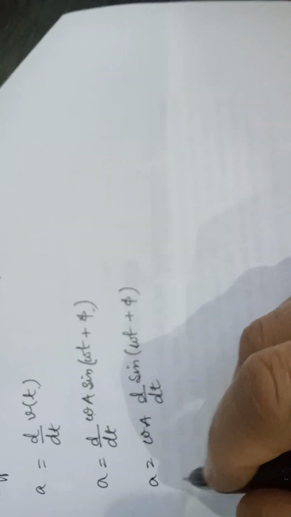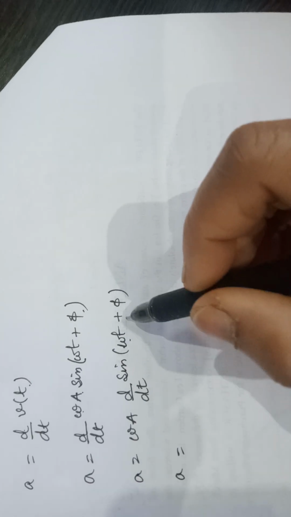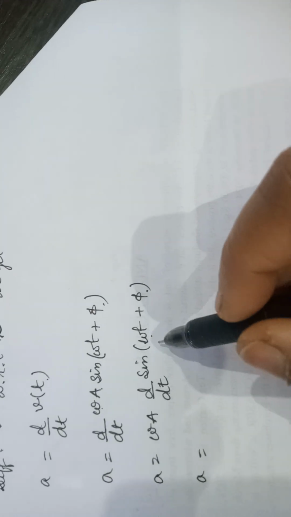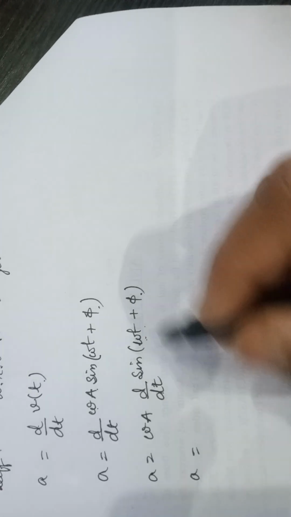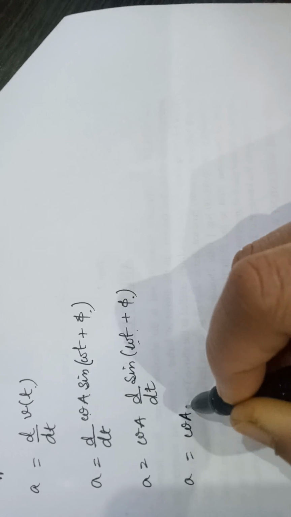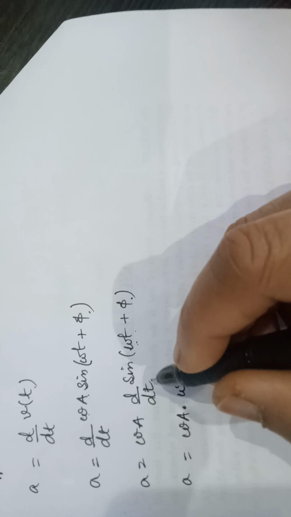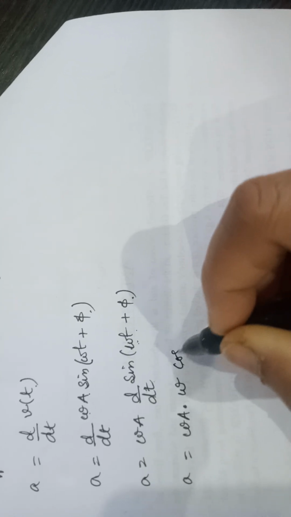It becomes acceleration. So now when we differentiate (omega t plus phi), we will get omega. Previously we have done it. So differentiation of (omega t plus phi) is omega, and differentiation of sine of any angle varying with respect to time is cos.